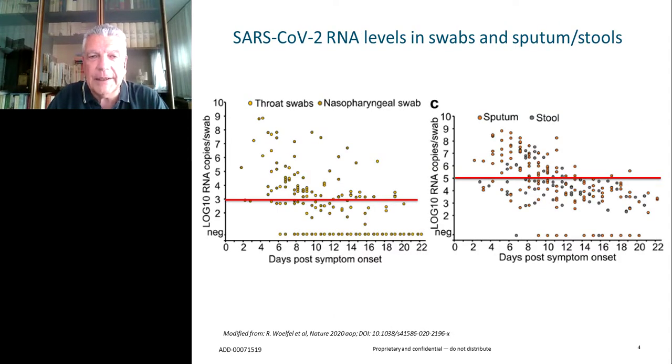When you compare the yield you get from nasopharyngeal or throat swabs with those you can take from sputum or stool, there is a clear difference, in that almost 2 logs in median values are attained. In practice, what does this reflect?